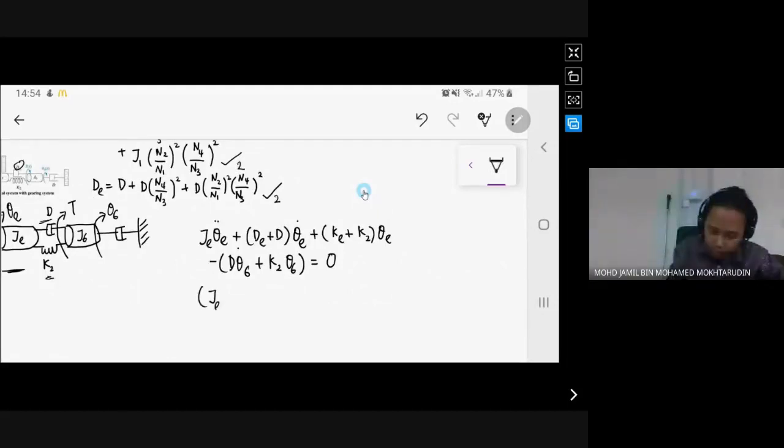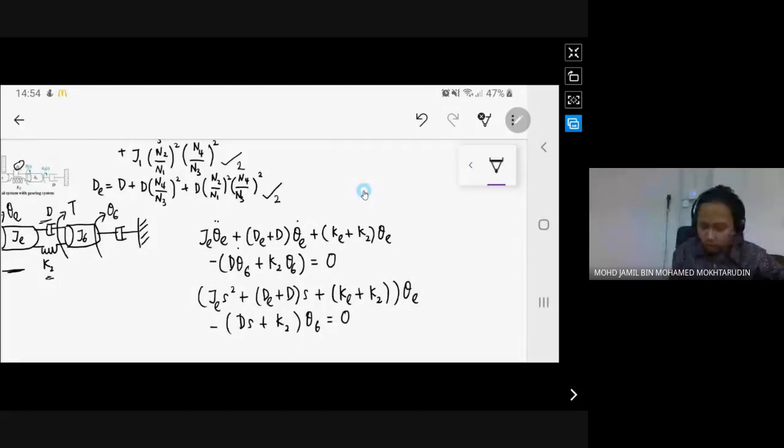So JE S squared plus DE plus DS plus KE plus K2 theta E minus DS plus K2 theta 6 equals 0.